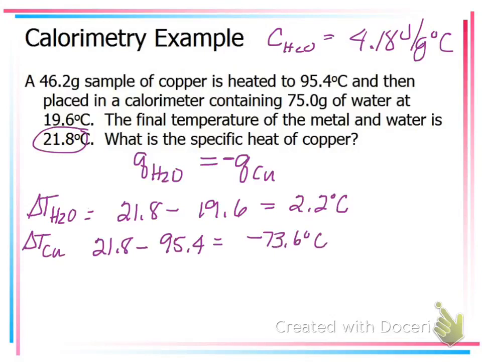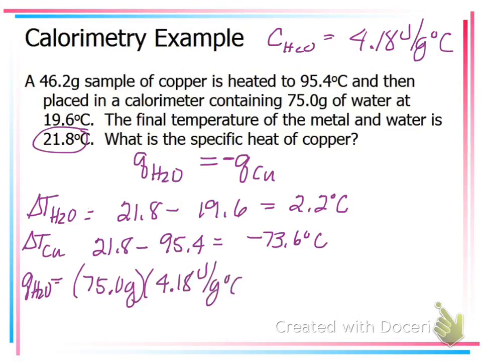Okay? So now we can get how much water gained. So my water was 75 grams, 4.18 joules per gram degrees C, and then 2.2.